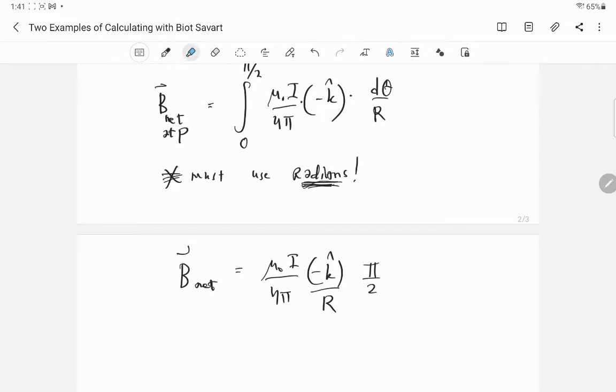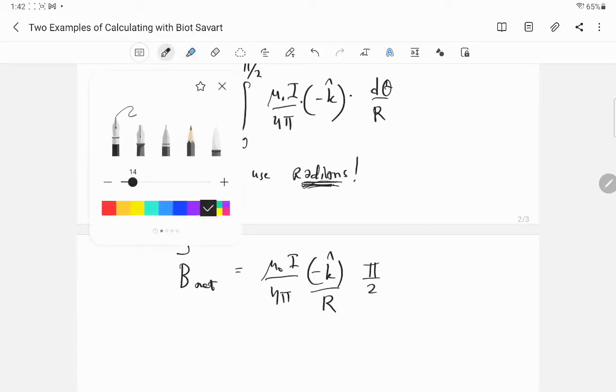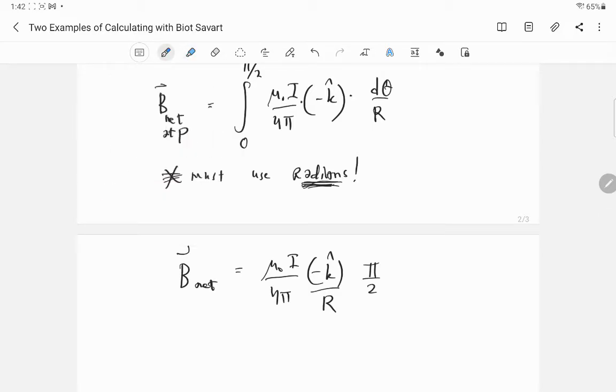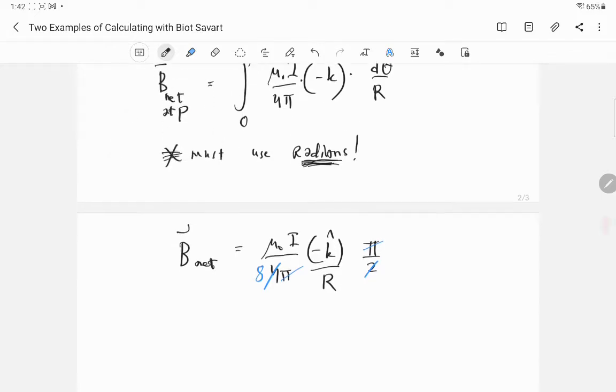So let's do a little bit of algebra cleanup. So the pi's cancel. And then the 4 and the 2 can make an 8. So I'll knock out the 4 and the 2 and replace them with an 8. Okay, so then let's see what we got.